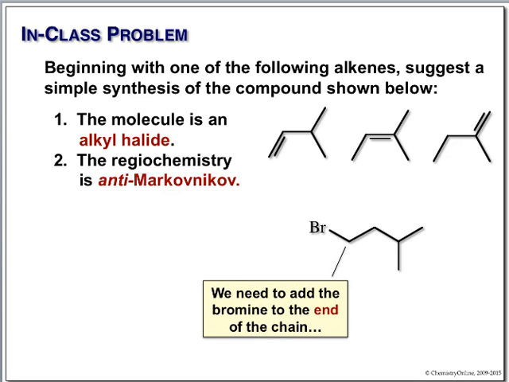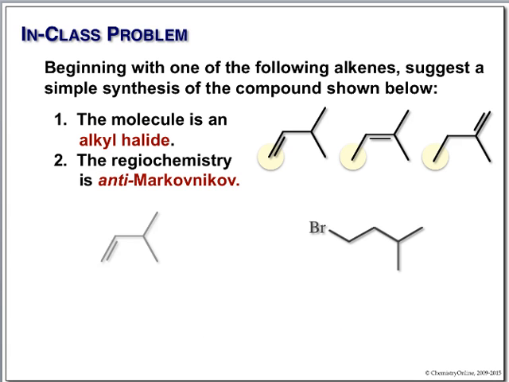This had to be our double bond. These two don't have a double bond out there on the terminal carbon, so they don't work. Only this one would work. And our conditions. Once again, if you don't remember them, go look at your set of reactions. They're all going to be there. This is just HBr, peroxides.